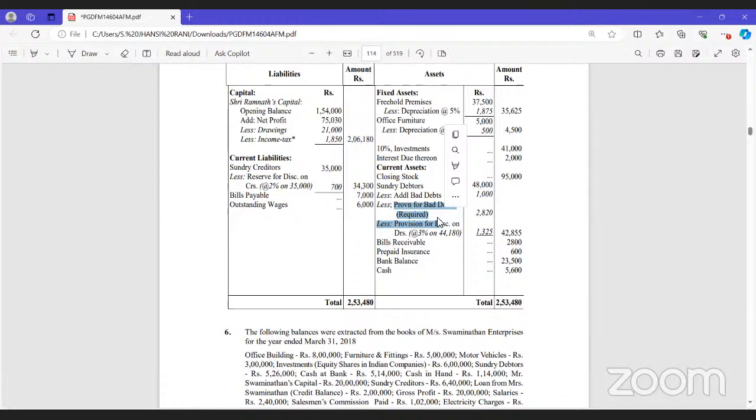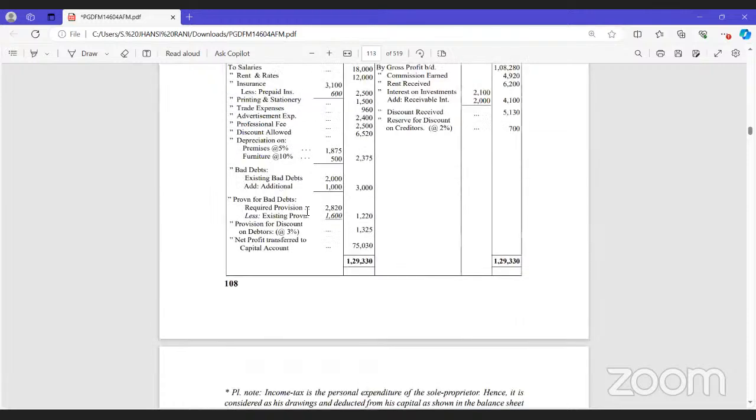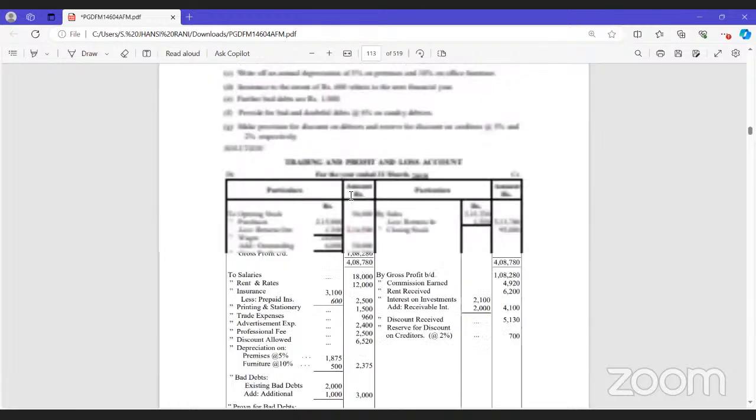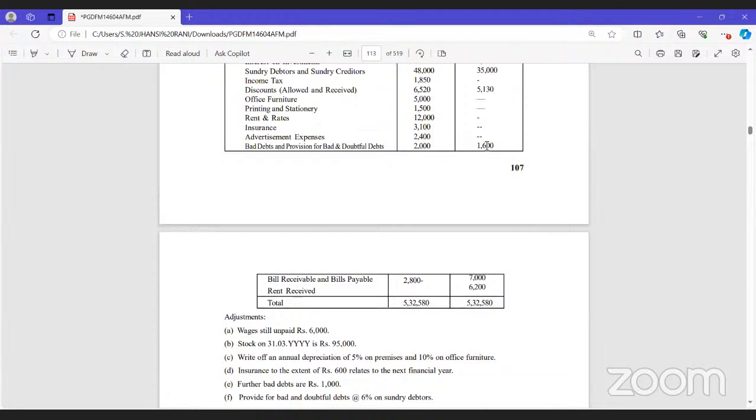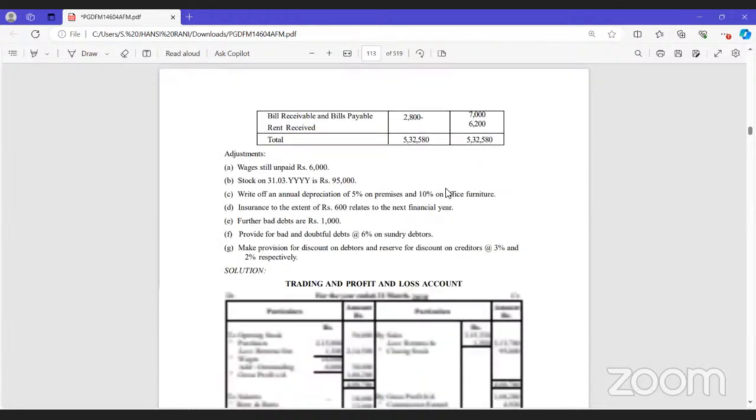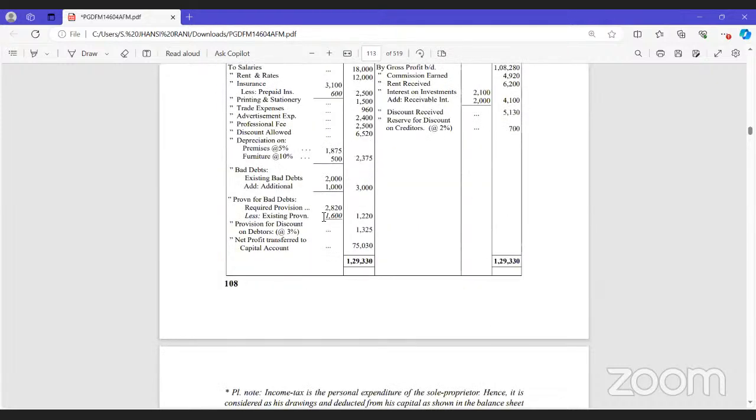And in the profit and loss account, what did we do? Because the old provision was less, actually it should be 2,820, but we provided only 1,600. So we are going to face a loss again. So in that case we provide an extra provision, that extra is 1,220. We provide 1,220 as the extra provision.